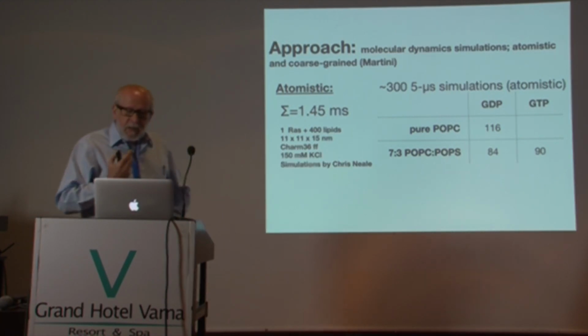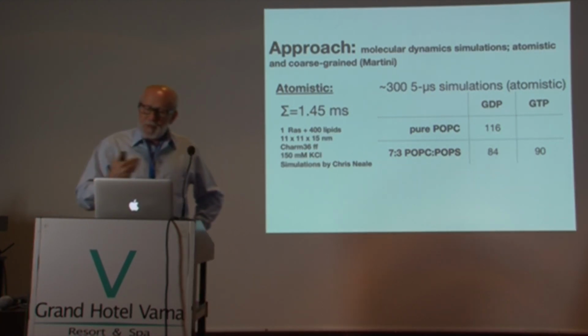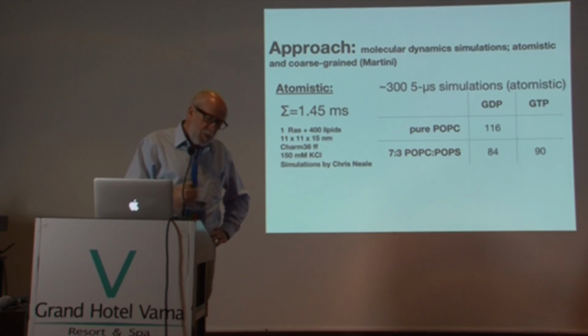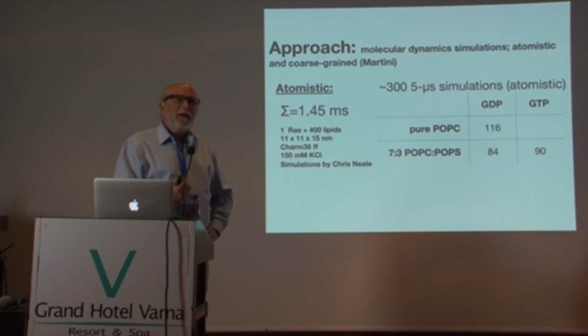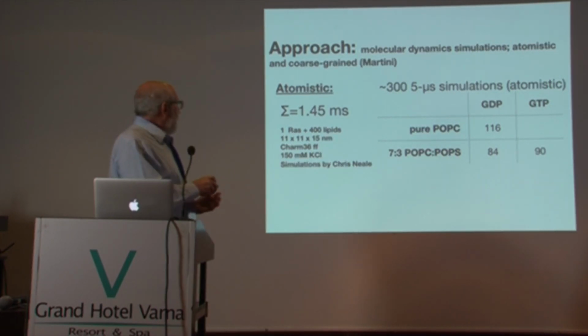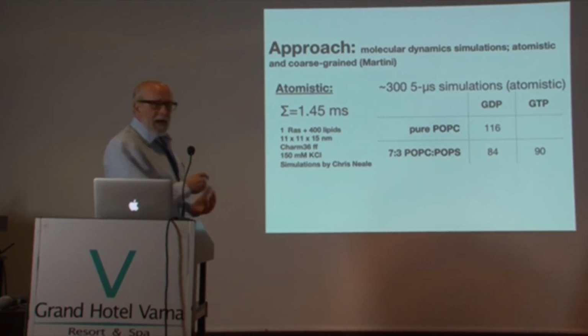Whenever you have systems with lipid bilayers, and much more when you have lipid bilayers that have mixtures, the system relaxes very slowly. So we have to do really extensive simulations. What I'm going to show you here is about 1.5 milliseconds of simulation.